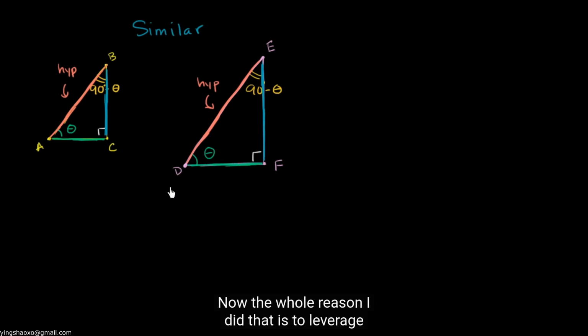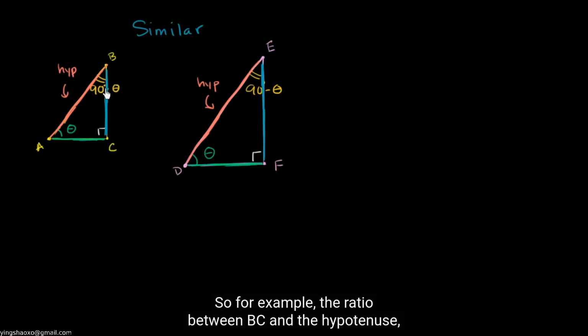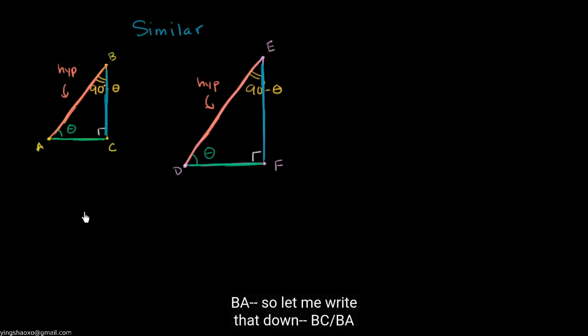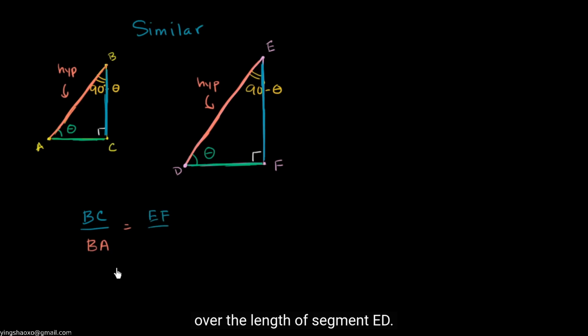Now, the whole reason I did that is to leverage that the ratio between corresponding sides of similar triangles is always going to be the same. So, for example, the ratio between BC and the hypotenuse BA, let me write that down, BC over BA is going to be equal to EF over ED, the length of segment EF over the length of segment ED.